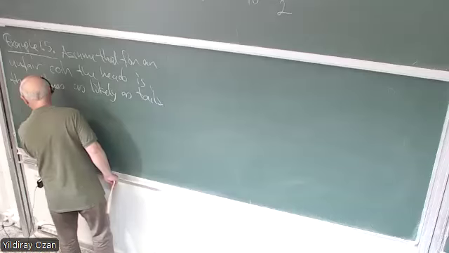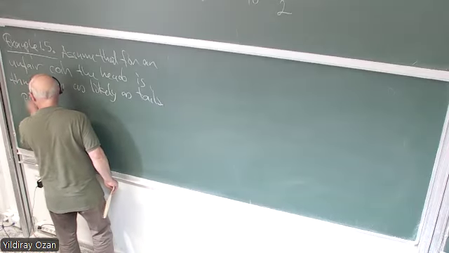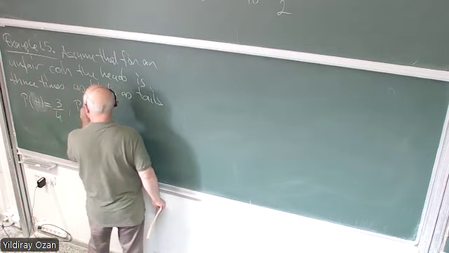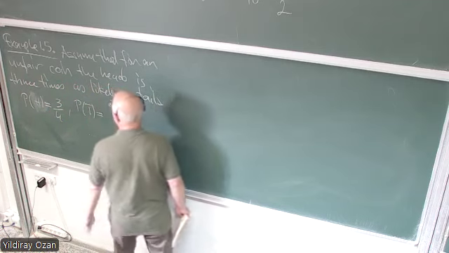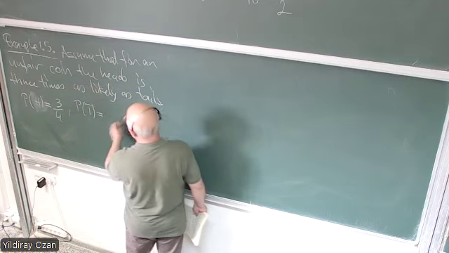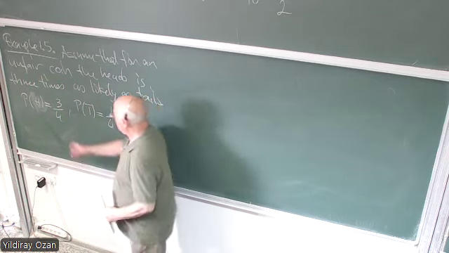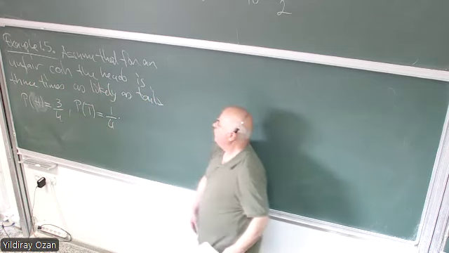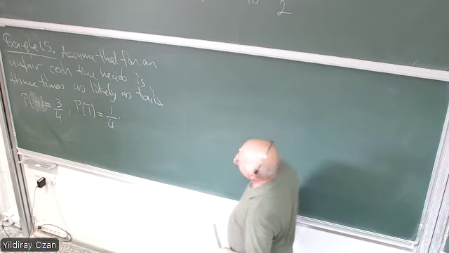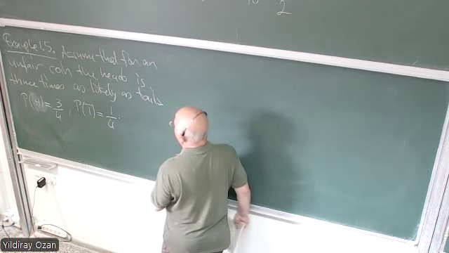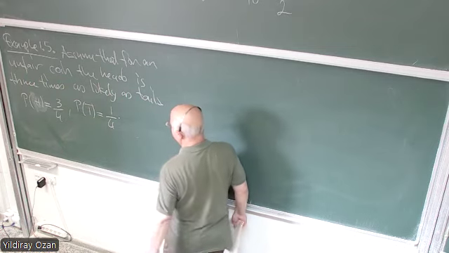So we will just abuse the notation and write P of H. So this will be just 3/4. And what is the probability that the coin gives us tails? It is 1/4, right? So heads is 3 times as likely as tails.